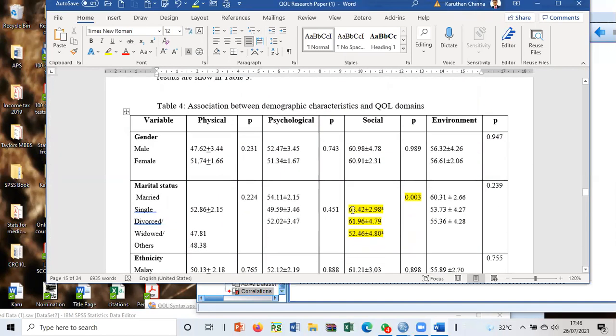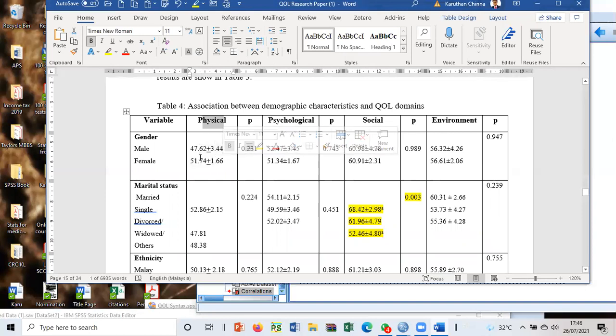Marital status. So you can see who is different, why is it possible, compare with literature. In literature, some study would have found physically males are better than females. In our case, even though not significant, it's the other way. Females are better off than males, right? Physical here refers to pain, score, and other things.